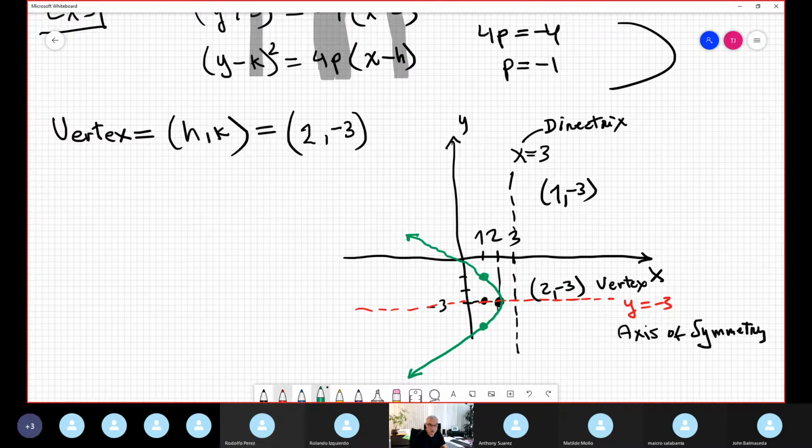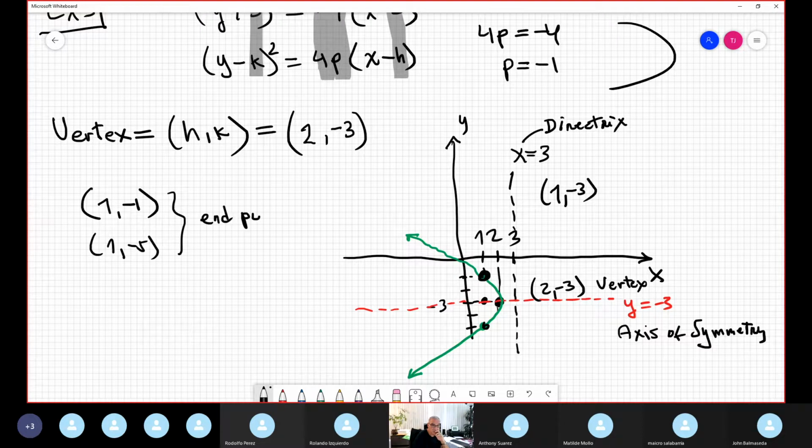This point would be (1, -1), and this point would be (1, -5), because it's 2 down from -3. This is the famous endpoint of the focal diameter.